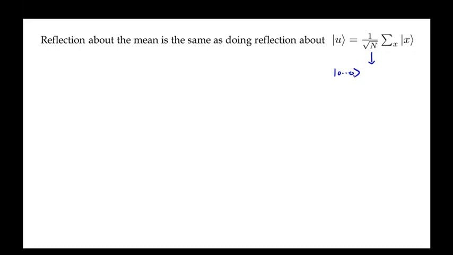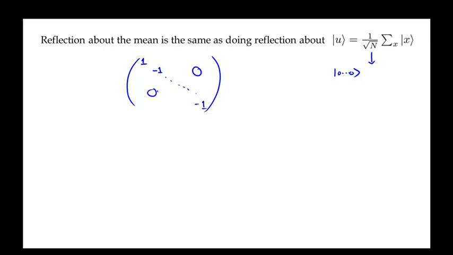Well, of course, it's the Hadamard transform. So we first map u to the all zero string, and now we want to make sure that we do an inversion about 0. How do you do an inversion about 0? Well, you use this transformation where you leave the all zero string alone, but you invert the phase of everything else.